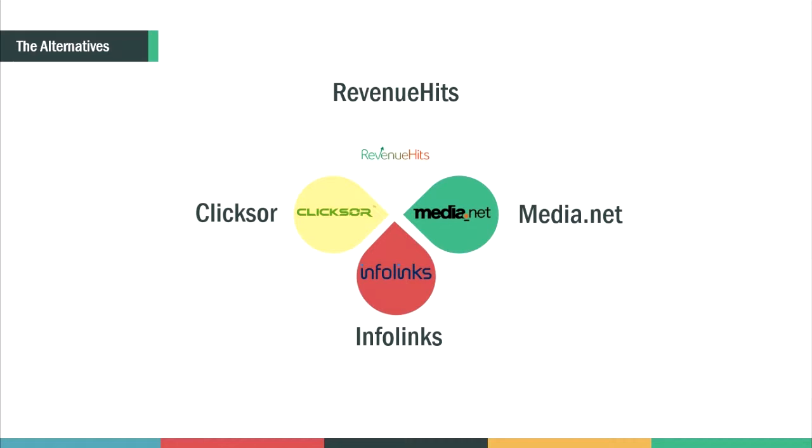There are no traffic minimums. AdSense doesn't have any traffic minimum either, but some ads do have minimums, but these four don't. For Revenue Hits, the publisher language requirement is none, so I think you can use any language you like.